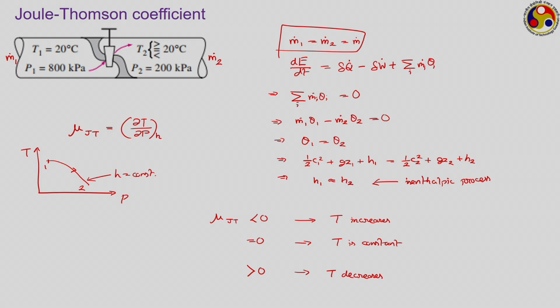And the sign of the Joule-Thomson coefficient therefore gives us an idea exactly what kind of thermal effect we are going to get. If your Joule-Thomson coefficient is negative, temperature at the outlet will be higher than temperature at the inlet, and therefore, we are going to get a heating effect. Whereas, when the Joule-Thomson coefficient is positive, temperature at the outlet will be lower than the temperature at inlet, and therefore, we are going to get a cooling effect, or an application towards the refrigeration industry.